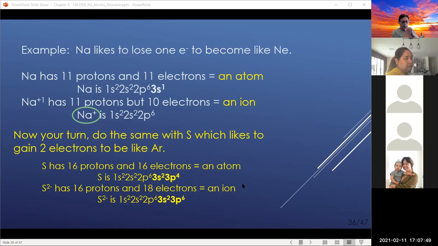Okay, now let me ask you guys here for a second. Given this information we have now, I want you to take this information and extrapolate, conclude something from it. Now, if we look at the sodium element and we look at the sodium ion, they have a radius.